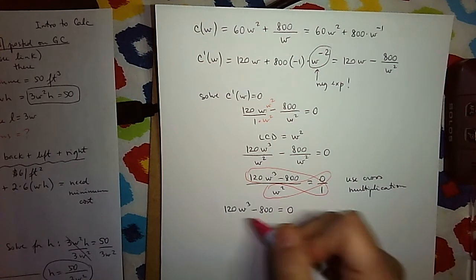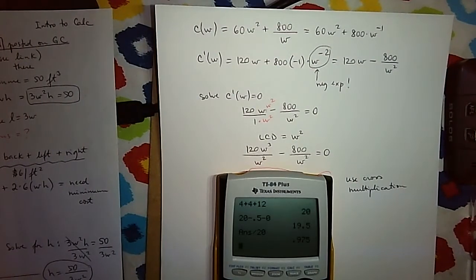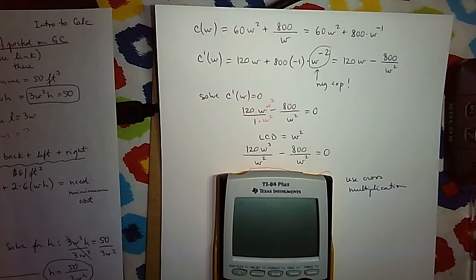Now, you notice how we have a big number here. We might be able to do a GCF, so I'm going to try to figure out what GCF might work here. This was 800. If we divide it by 120, that doesn't work, so I can't really pull out a 120. However, for sure I can pull out a 10, and then I believe that there is more to go.